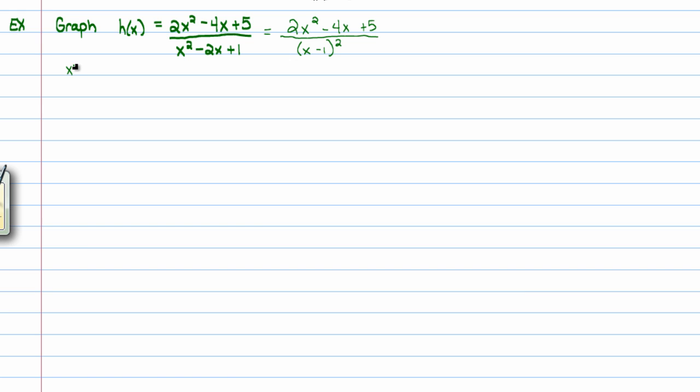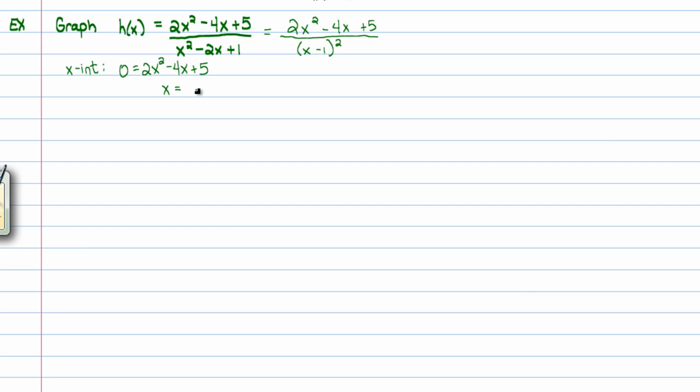So the x-intercept occurs when the y value is 0. In other words, the numerator is 0. As I said a moment ago, that numerator doesn't factor. So we'll have to reach into our bag of tricks. You can either use completing the square, or I'm just going to use good old faithful quadratic formula, right?